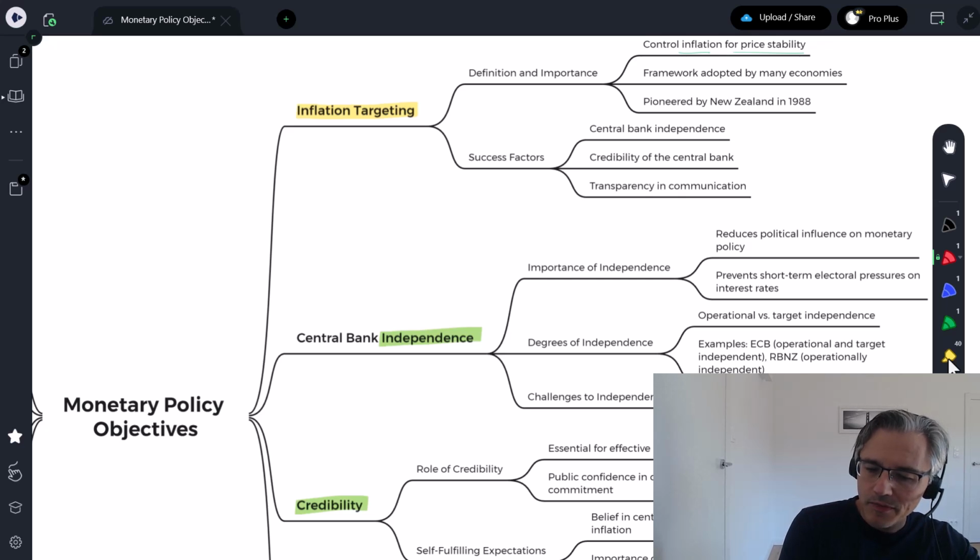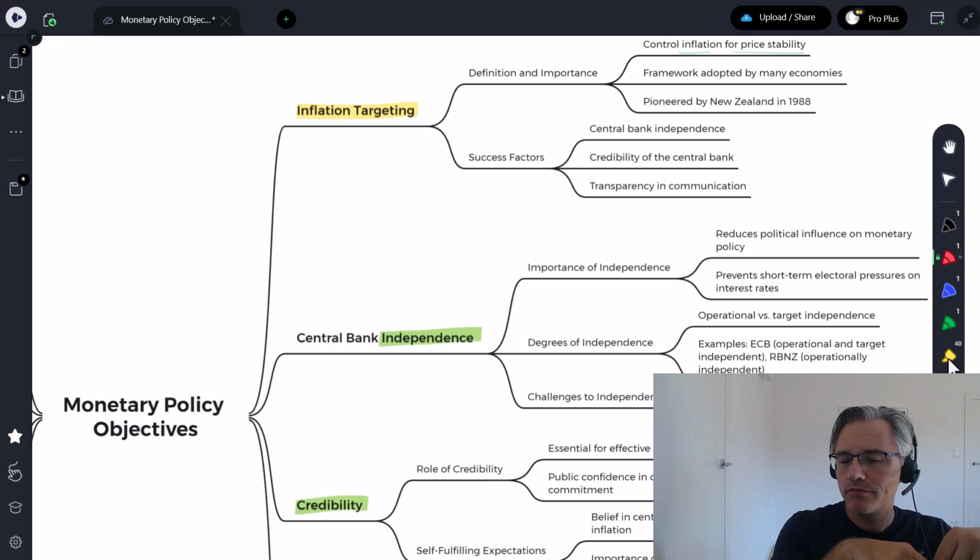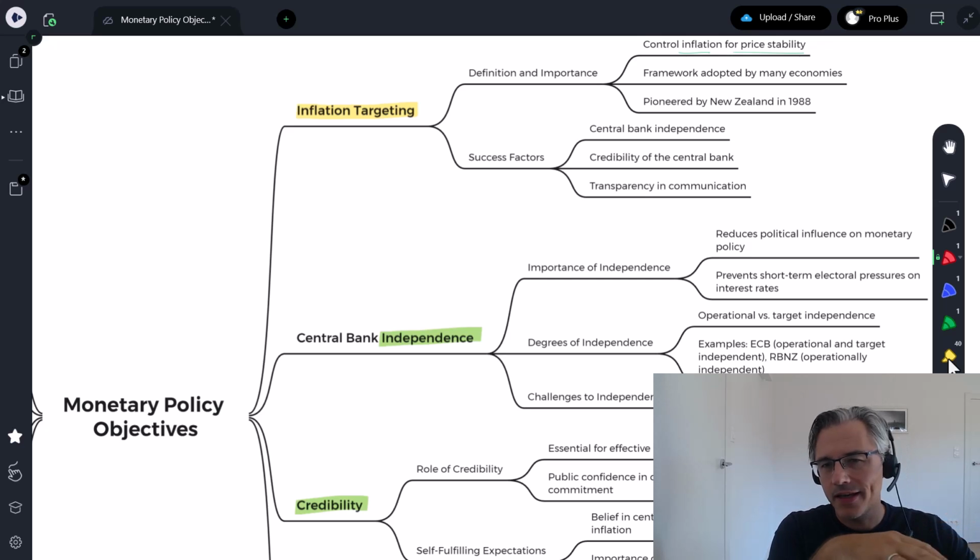Now, the pioneer in this respect was New Zealand, whose then finance minister announced a plan to reduce inflation, which was quite high, at 6%. The government wanted inflation to be reduced to a range of 0 to 2%, and in 1989, a special act was adopted which gave this goal legal status and made the Reserve Bank of New Zealand responsible for it.